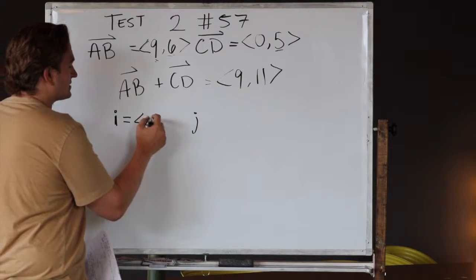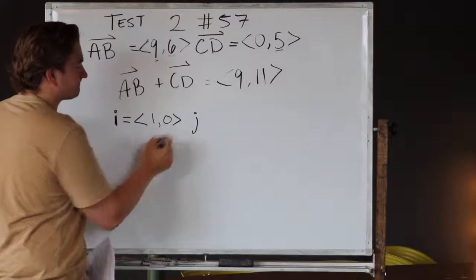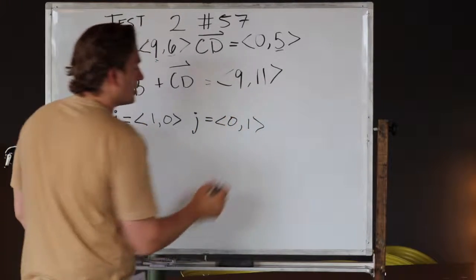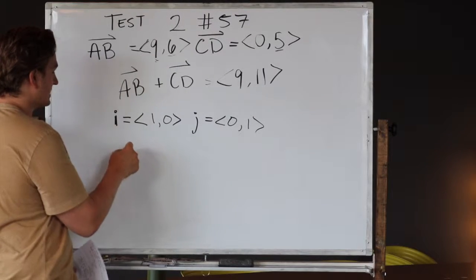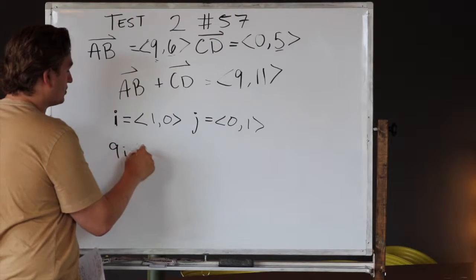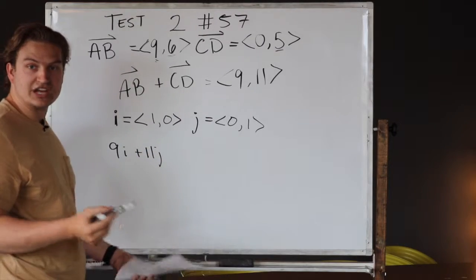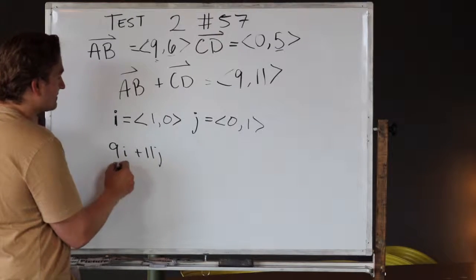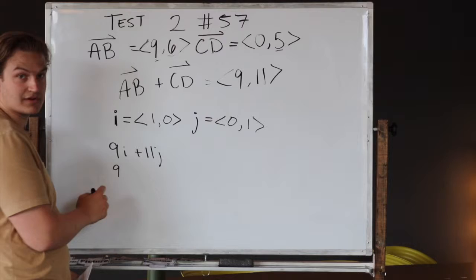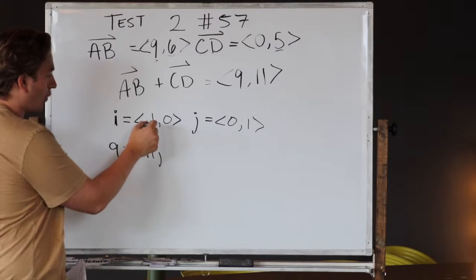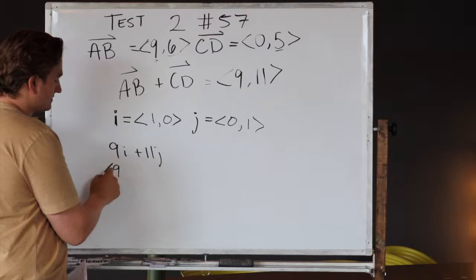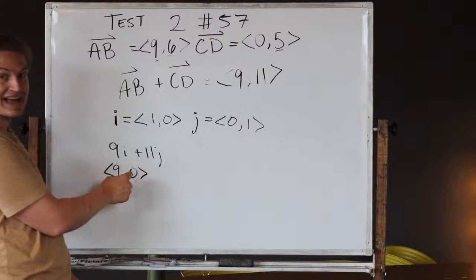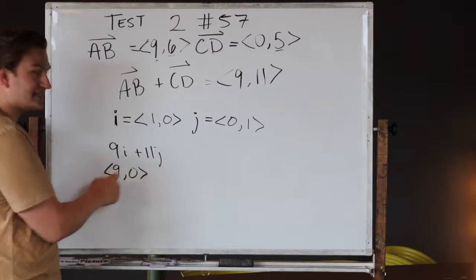The i unit vector is <1, 0>, and the j unit vector is <0, 1>. So in the answer choices, where it says 9i plus 11j, check this out. This is really what's happening. We are multiplying 9 times the unit vector i, which is <1, 0>. So 9 times 1 is 9, and 9 times 0 is 0. So 9i is actually the vector <9, 0>.